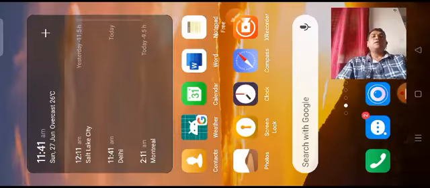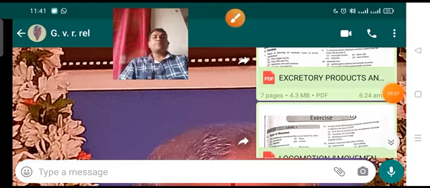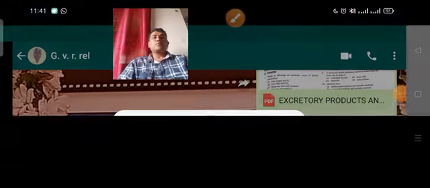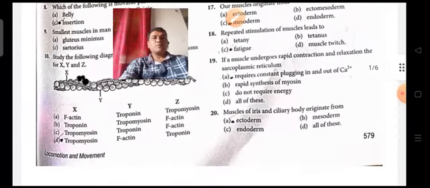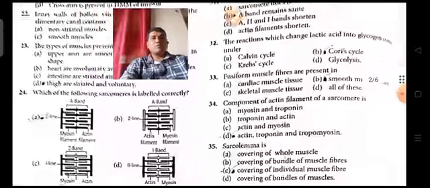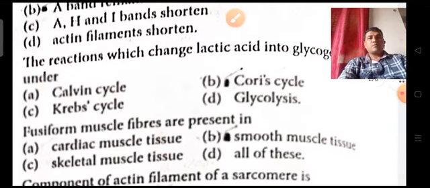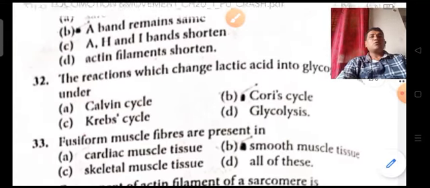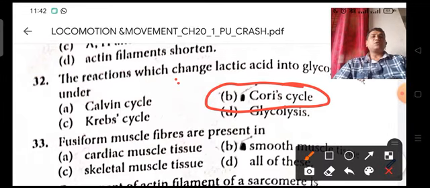And the Cori cycle: in the Cori cycle we can see the conversion of lactic acid into glycogen.